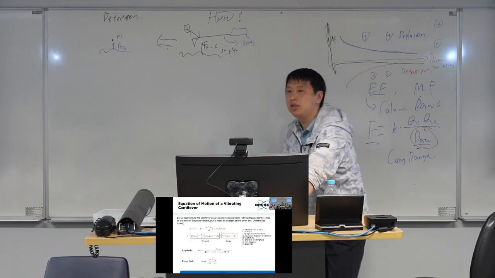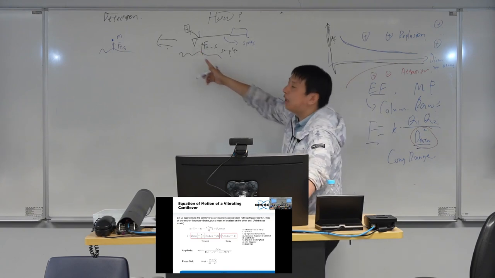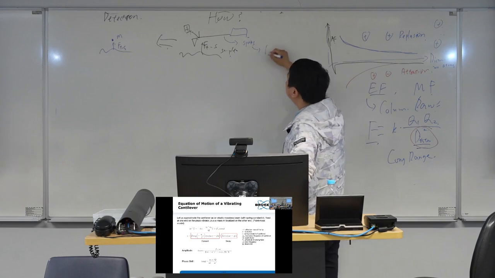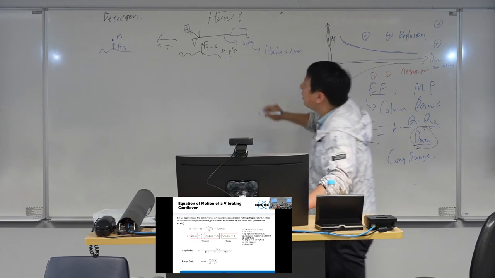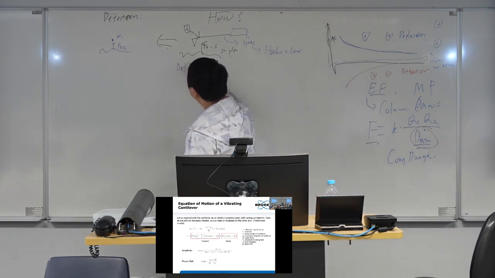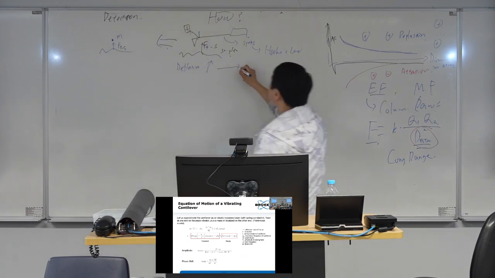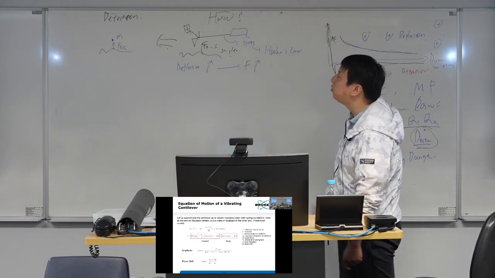It will apply an elastic force on this probe. And this spring force follows Hooke's law. That means if the deflection is large, then this force will be large, right? It will follow Hooke's law.